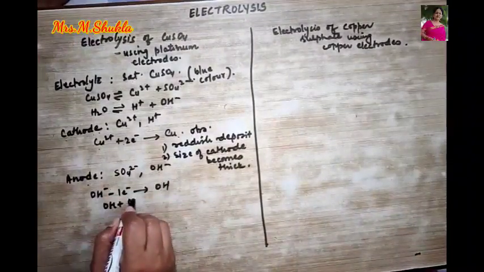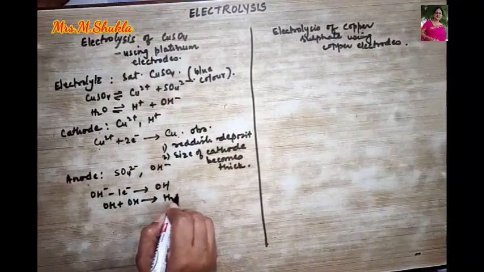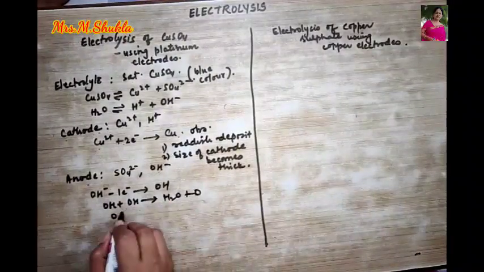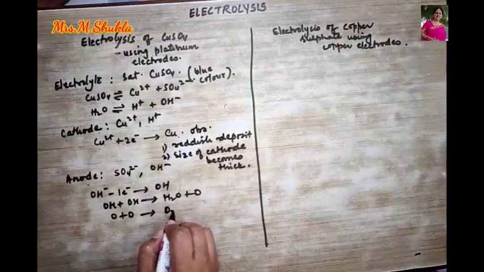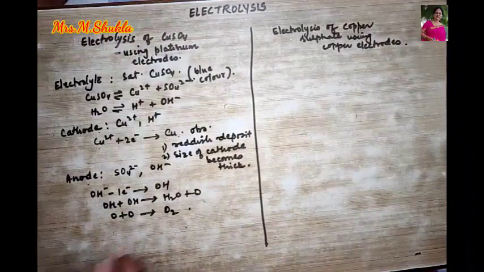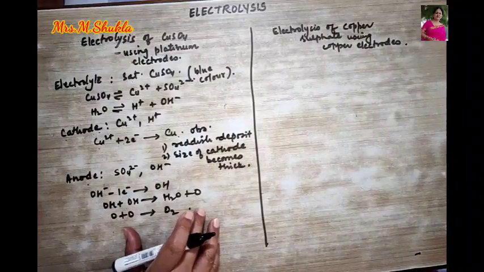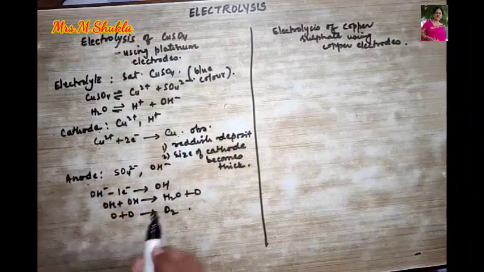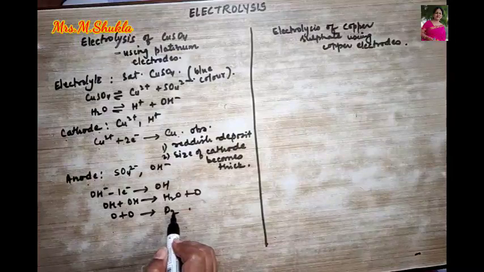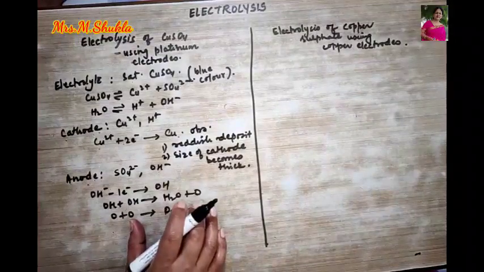A number of OH will combine to form what? Water and nascent oxygen. Nascent oxygen combines and gives out oxygen gas. Clear? So this is the gas that is released at anode, which is colorless and odorless. Followed? This much part is clear.